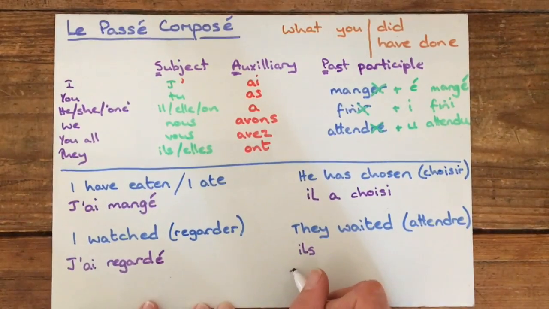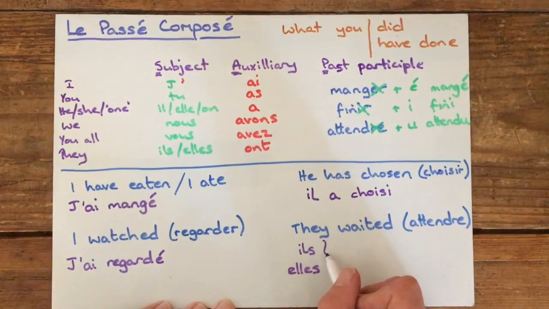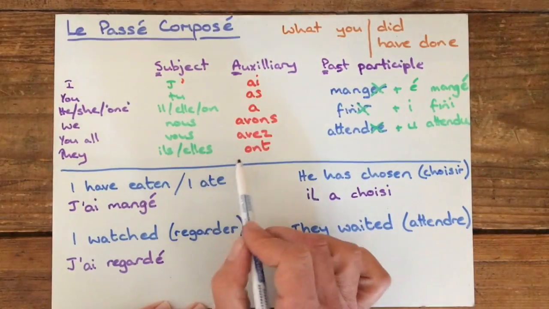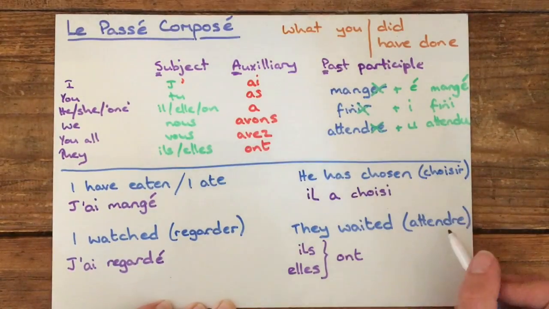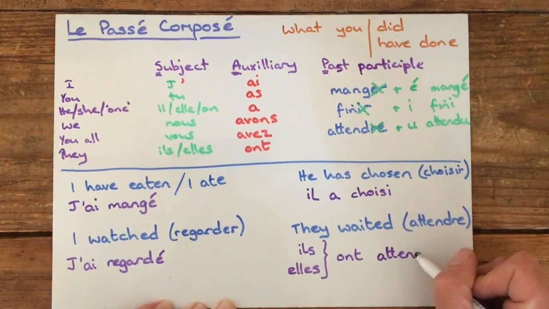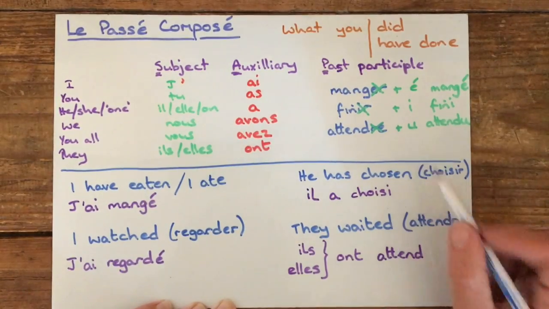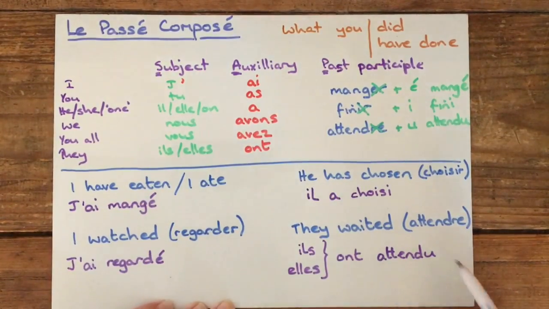If you wanted to do all female, then you would go for elles. Ils or elles, doesn't matter which one. And then we need our auxiliary. Ont. And then we've got our verb here, attendre. Take off the RE and add a U. Ils ont attendu or elles ont attendu means they waited or they have waited. Two English translations, one French. Passé composé. Okay, any questions? Send them through to me.